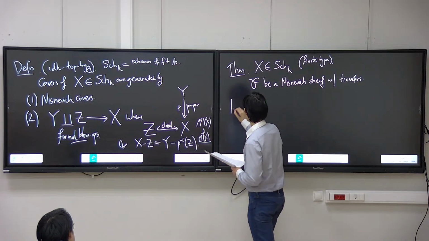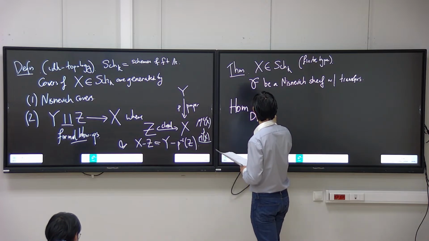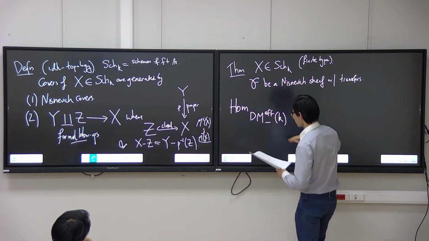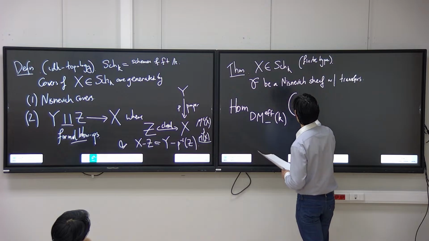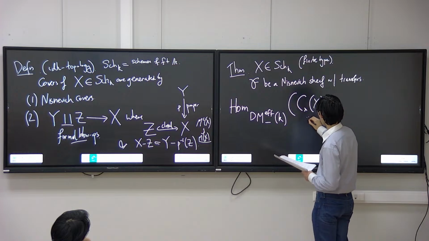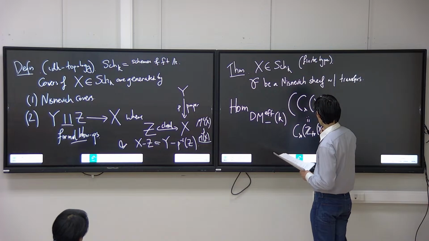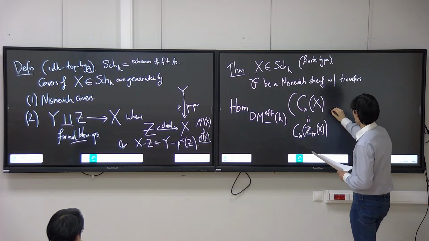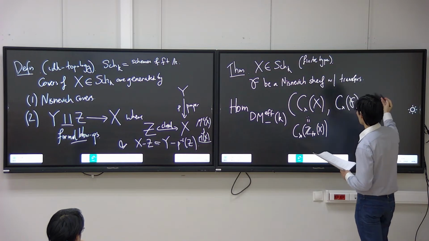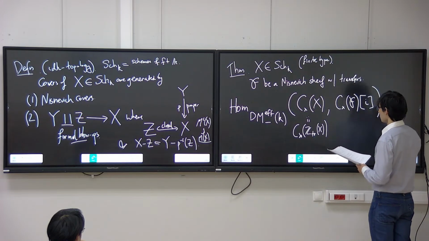I can certainly have a look at the following homomorphisms in my category of motivic complexes. I can take the Suslin complex of X. This is just shorthand for the motivic complex, which is just Z_tr of X. I can also take the Suslin complex of F, and typically you also add some shift to make it as general as you possibly can.